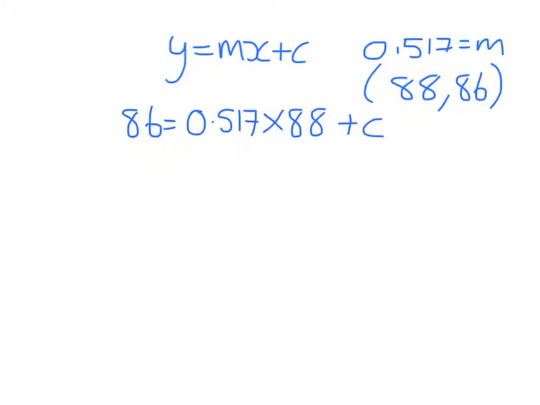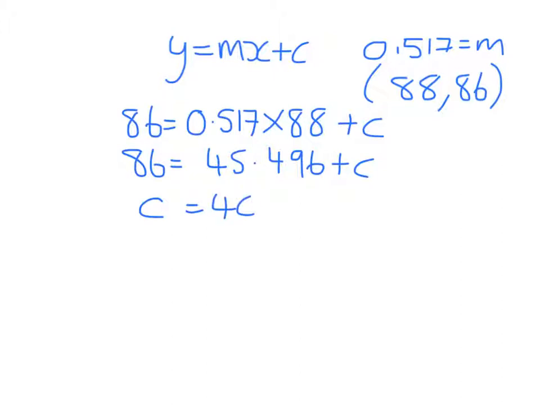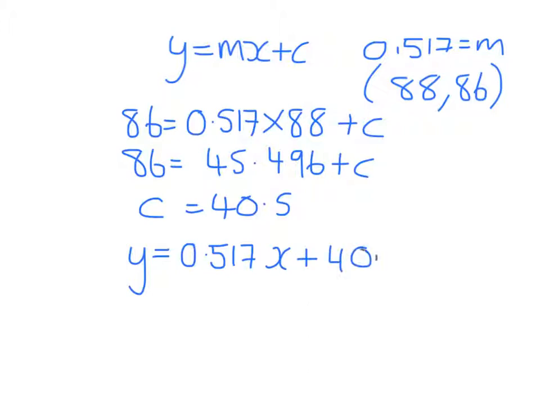If I do 88 times 0.517, I get 45.496. So to work out c, I'm going to take that away from 86 and I get 40.5. So the equation of the line of best fit is y equals 0.517x plus 40.5.